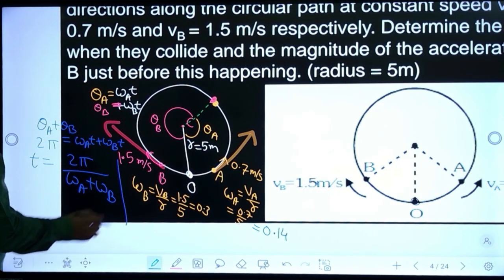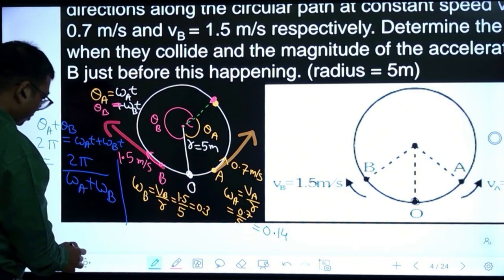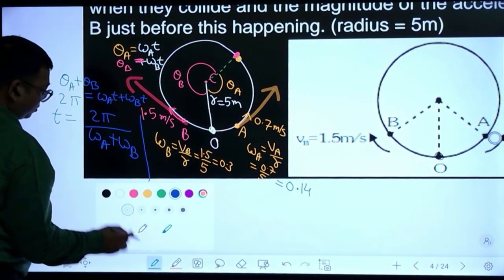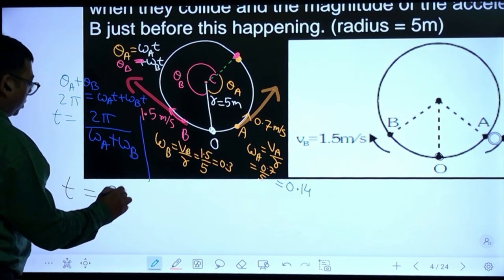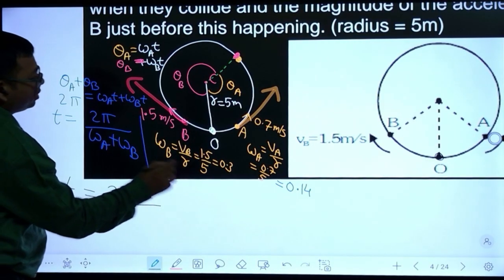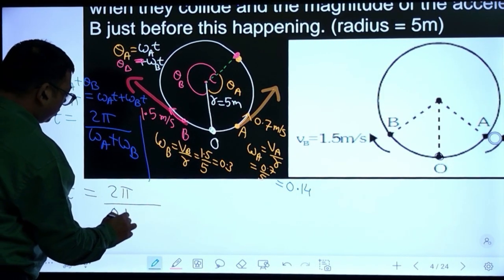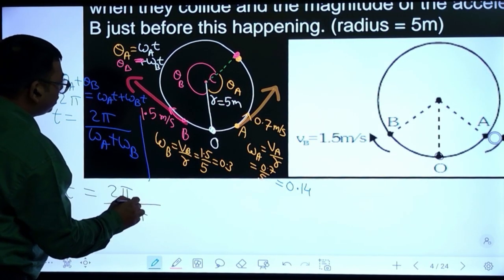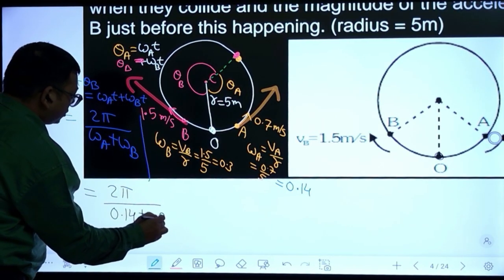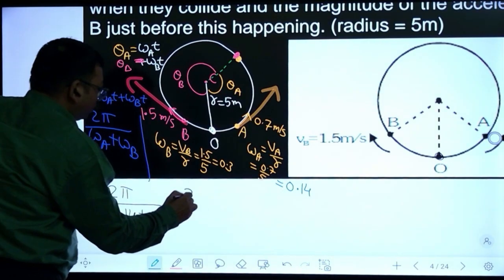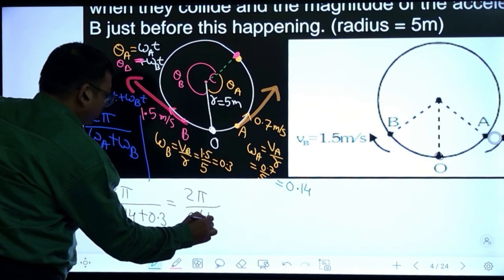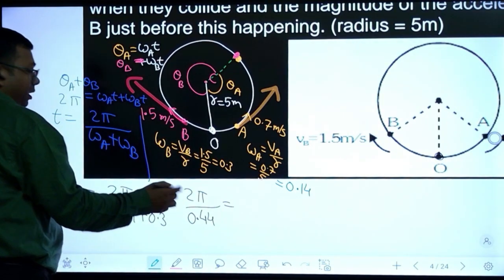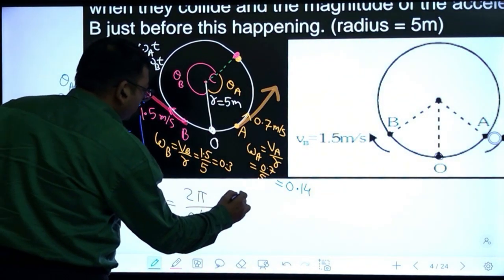Now we got it. Omega B we have already calculated, so solve it now. Time will be equal to 2 pi divided by omega A is 0.14, omega B is 0.3. So 2 pi divided by 0.44, and pi you can take as 22 by 7.